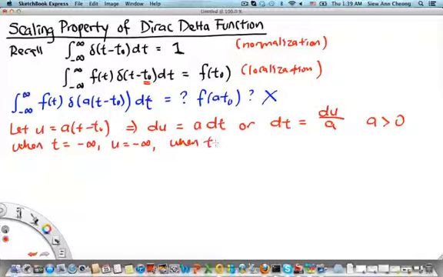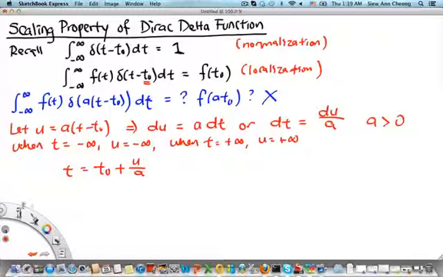When t is equal to plus infinity, then so is u. And then what we need to do next would be to write t in terms of u. So because u is a times (t minus t naught), t will be equal to t naught plus u divided by a.